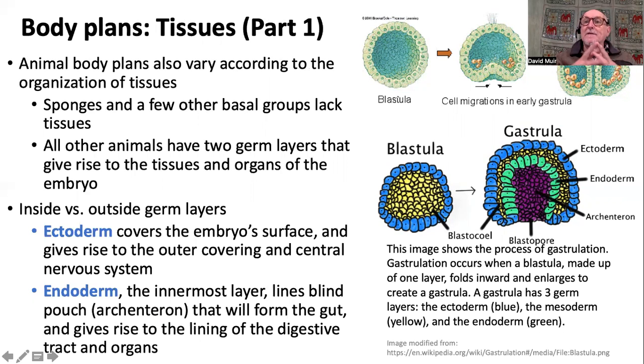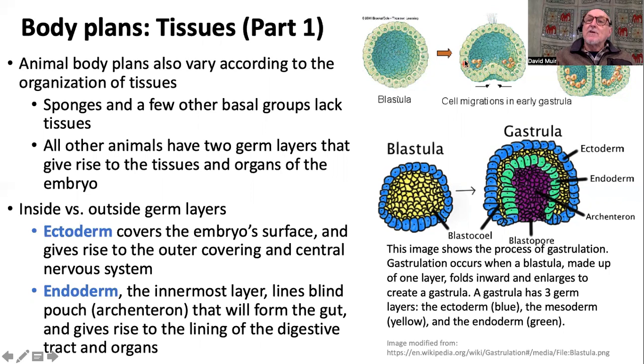So the tissues of an animal develop in the embryonic stages, obviously, and they develop through this complex process of cell division, which first of all leads to the production of the blastula. Here's the blastula here. Inside, what is this called? The blastocoel. Okay, it's the hollow blastocoel.